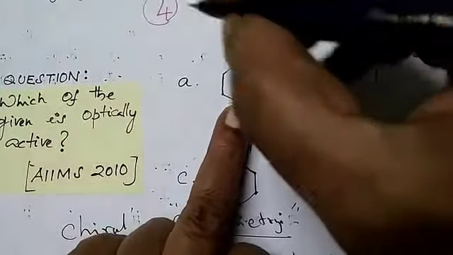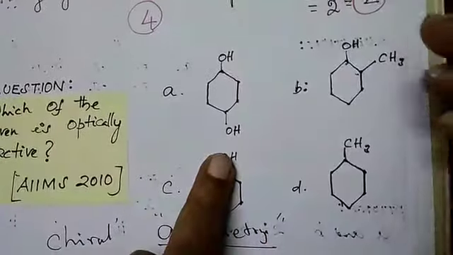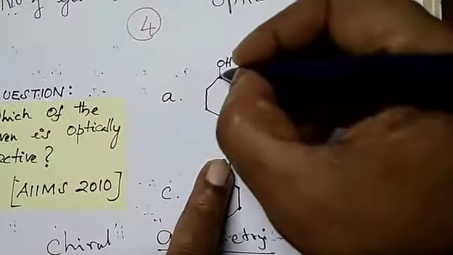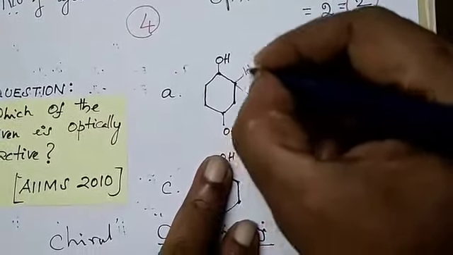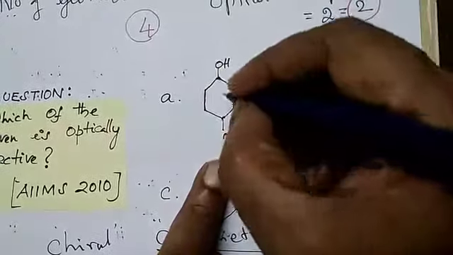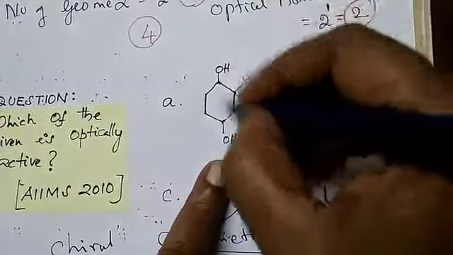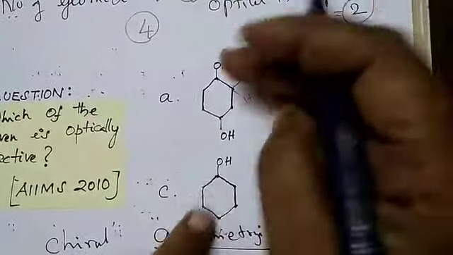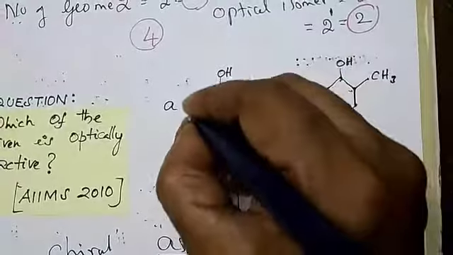That means both sides are the same, so this carbon is not asymmetric. The same condition applies here as well, where H and H are present. So these carbons are not asymmetric because both sides are the same. This molecule is not the answer.